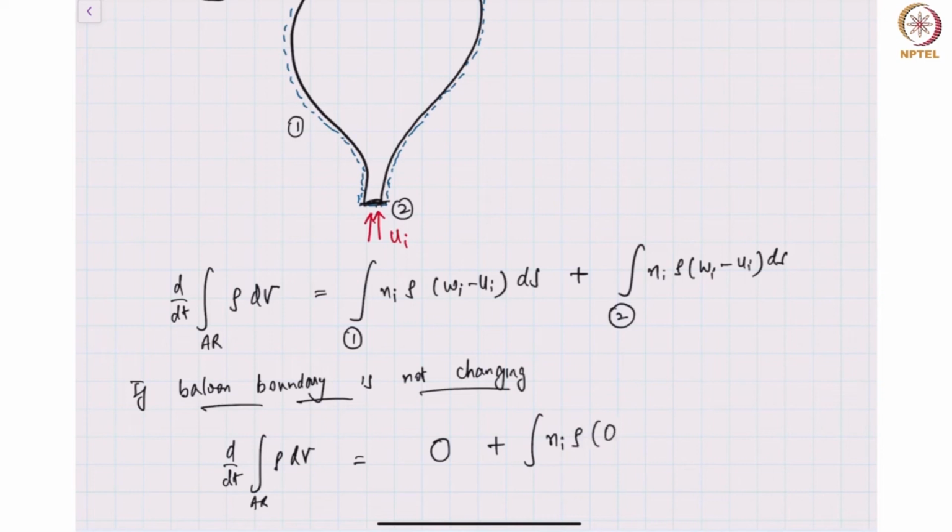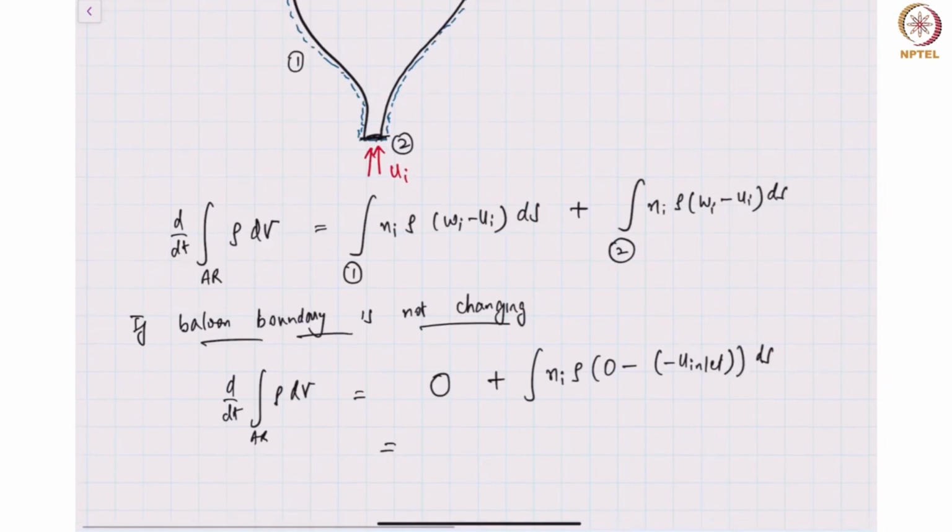This is non-zero, but since you're pumping fluid into the boundary, that will be minus ni rho U inlet ds.